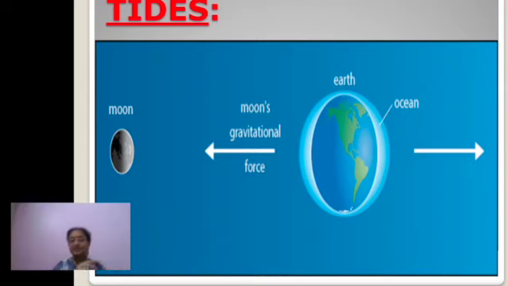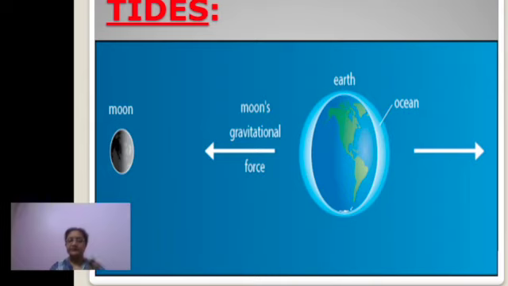But as it crosses that part of the earth which is fully covered with water, where a vast ocean body is there, you will easily find the effect of the moon's gravitational force. And what happens then? It causes a high tide.